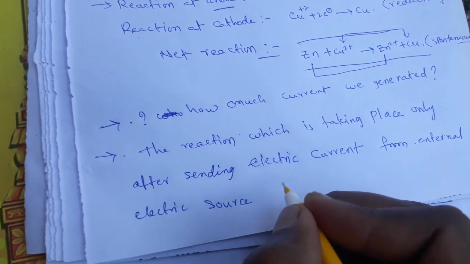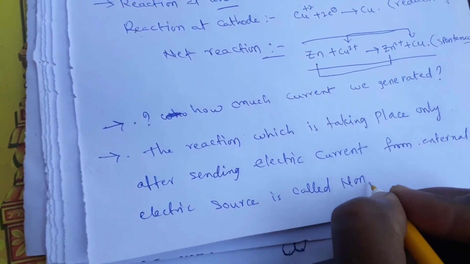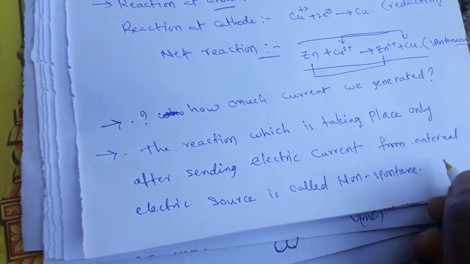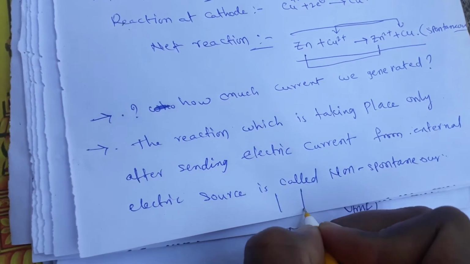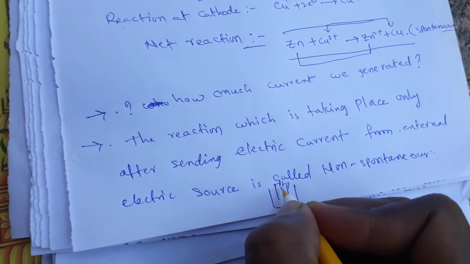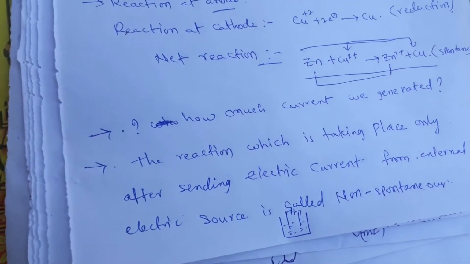In an electrolytic cell there are two electrodes, we are passing electricity from outside and carrying out the reaction, so it is a non-spontaneous reaction.